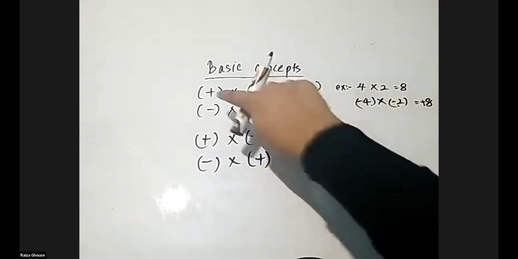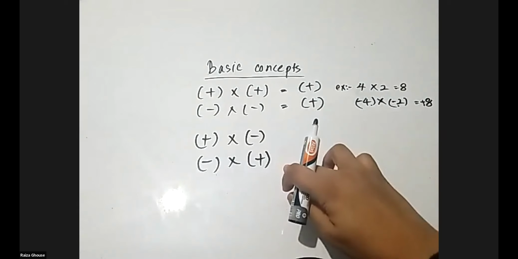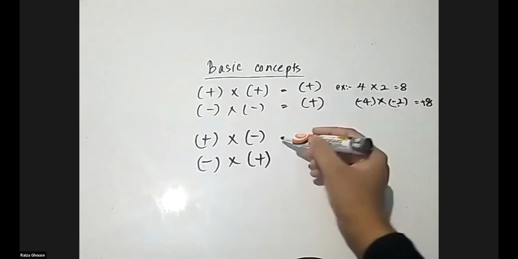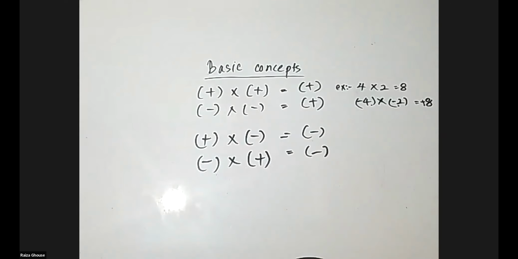Remember, if the symbols are the same, the answer is positive. Now this is easy for you. If the symbols are different, the answer will be negative. Did you understand? Is everything clear in this topic? If anybody is not clear, raise your hand or else drop a text in the chat box.